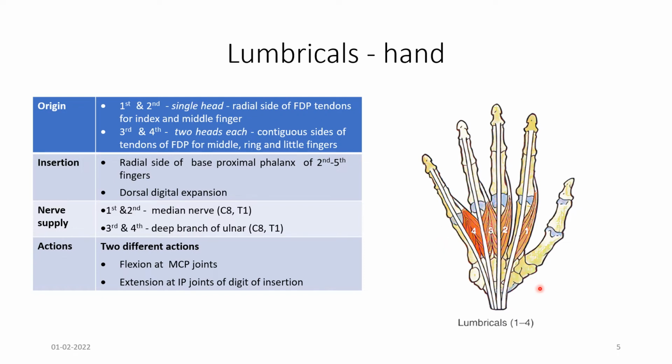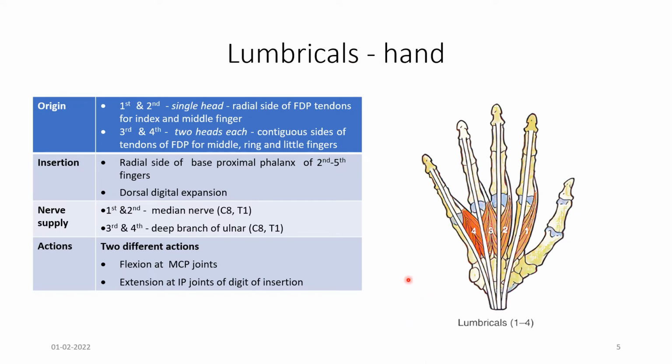So the majority of the muscles in the palm, that is the intrinsic muscles of the hand, are supplied by the deep branch of ulnar nerve, excepting these two lumbricals. There is one exception. And then what are the actions of the lumbricals?